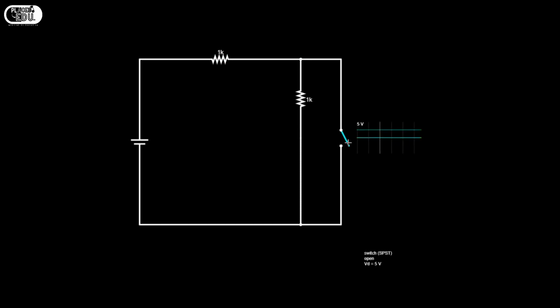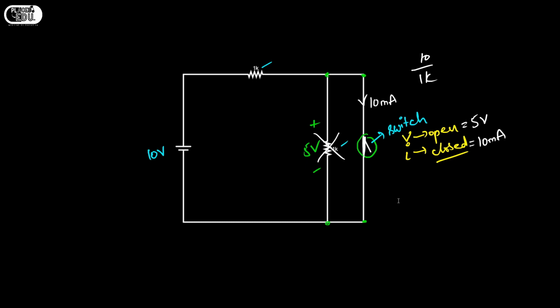When I close the switch, this 1 kilo ohm will be discarded and the current will be this much, 10 milliamperes, because this is 10 volts and this is 1k. From Ohm's law, V equals I times R and I equals V by R. So 10 by 1k. So now the voltage will be 0 volts and the current is 10 milliamperes. That's what I discussed here.